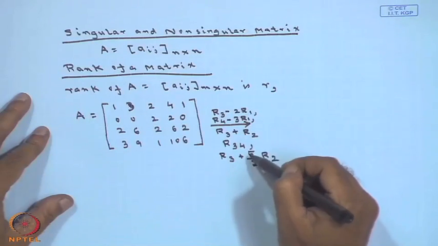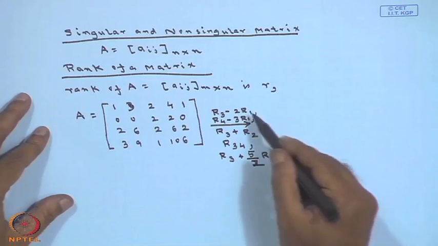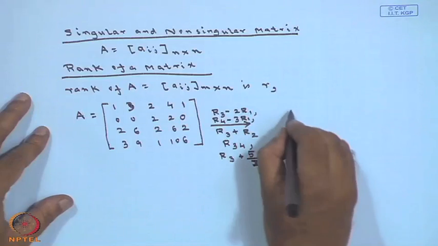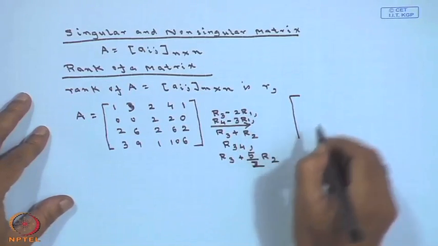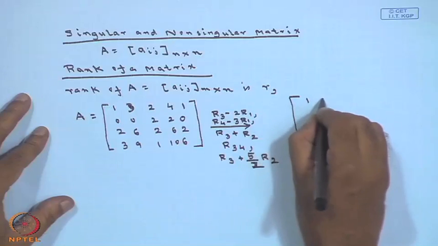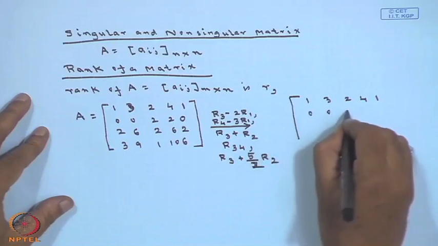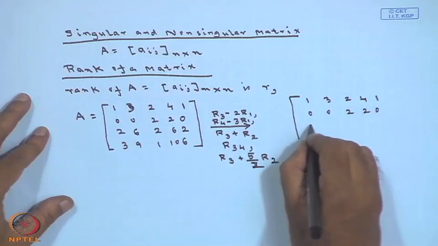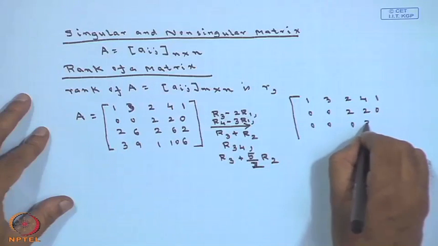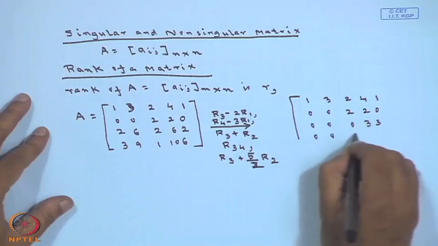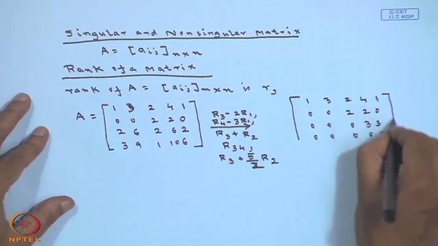These operations you do in this order, and ultimately you will find a matrix of this form, 1 3 2 4 1, 0 0 2 2 0, 0 0 0 3 3, and the last row has become 0.